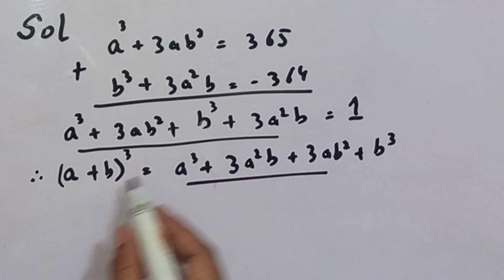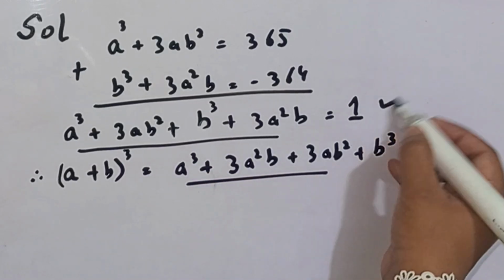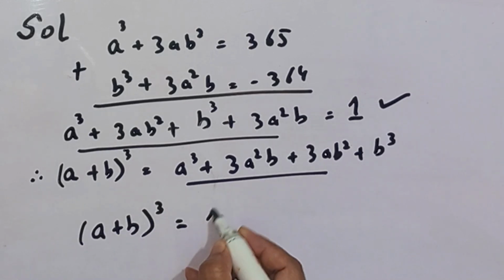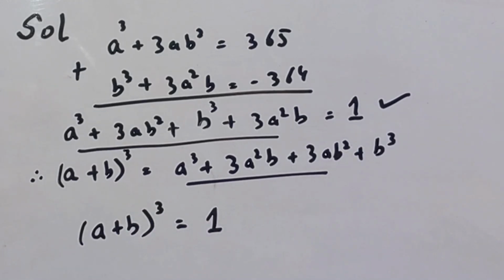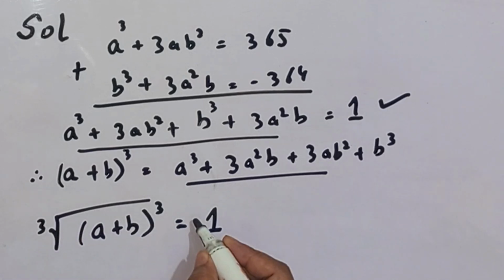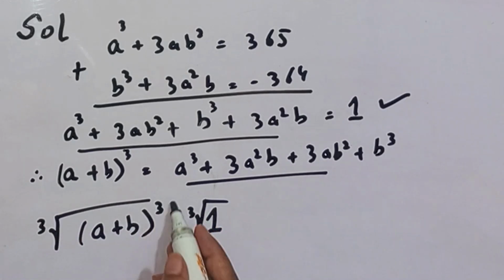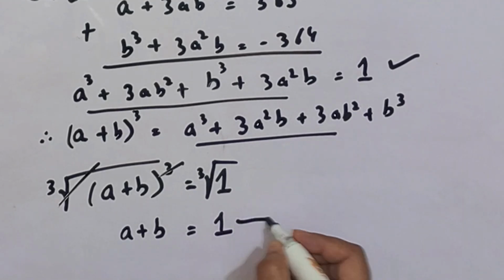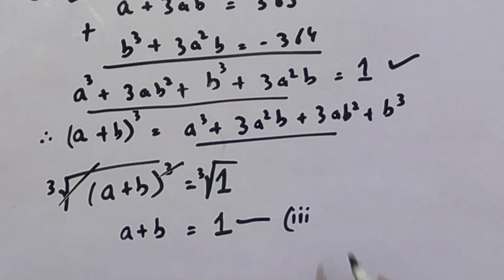This is the same, so we can write this equation as a plus b whole cube is equal to 1. On the next step, we take a cube root of both sides. The cube and cube root cancel, so we just get a plus b, and the cube root of 1 is 1. We call this our third equation, and we use it later.